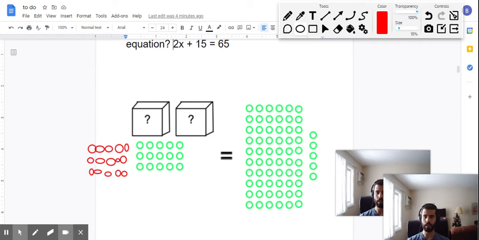And then 15 circles here. And we know that right here, just like we want it to, the 15 negative circles are going to collide with these 15 positive ones. So we can cross all of them out.